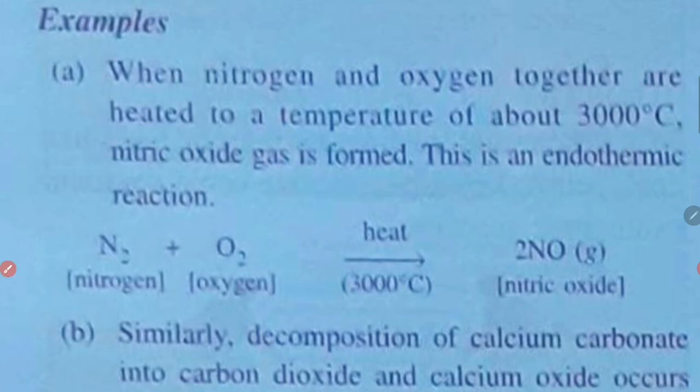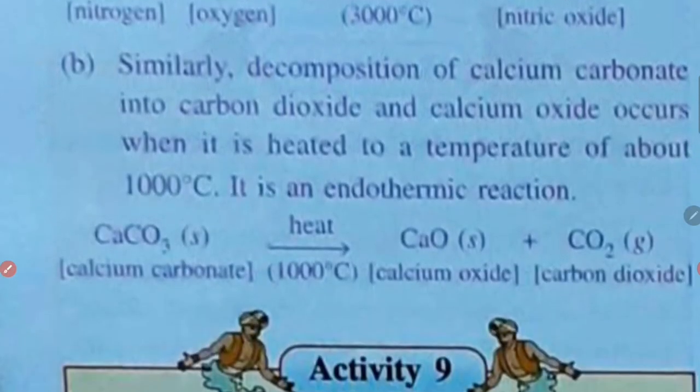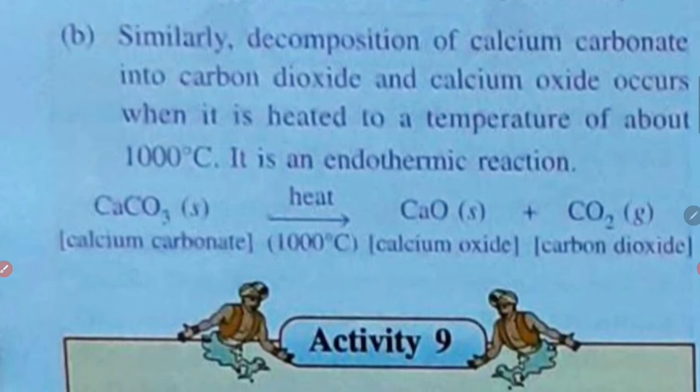Now the next example. Similarly, decomposition of calcium carbonate into carbon dioxide and calcium oxide occurs when it is heated at a temperature of about 1000 degrees Celsius. It is an endothermic reaction because it is absorbing heat.